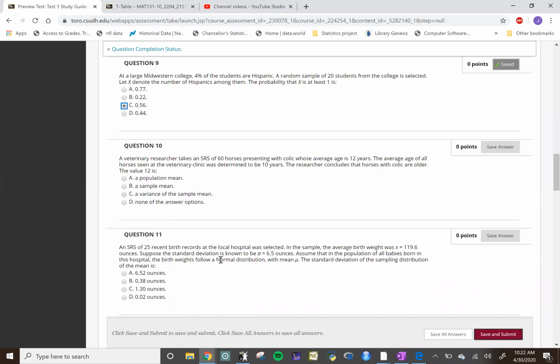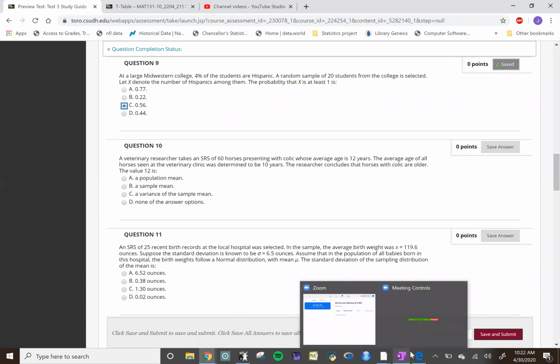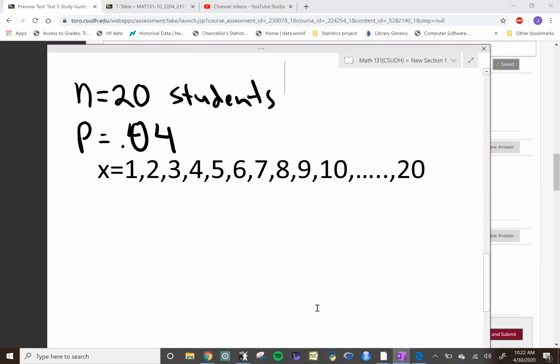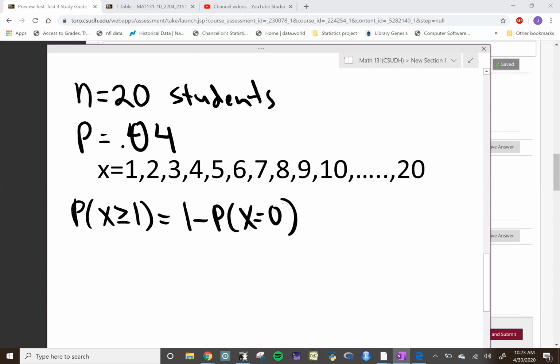Okay, so I'm going to show you how to do this for the TI-83, because unfortunately the TI-83 doesn't have that option where you can put the range from 1 to 20. For the TI-83, we have to do it slightly differently. Anytime we're finding the probability of at least 1 on the TI-83, you want to do 1 minus the probability X is equal to 0.